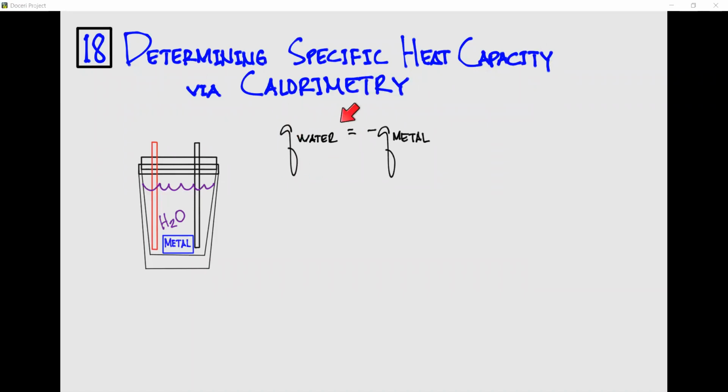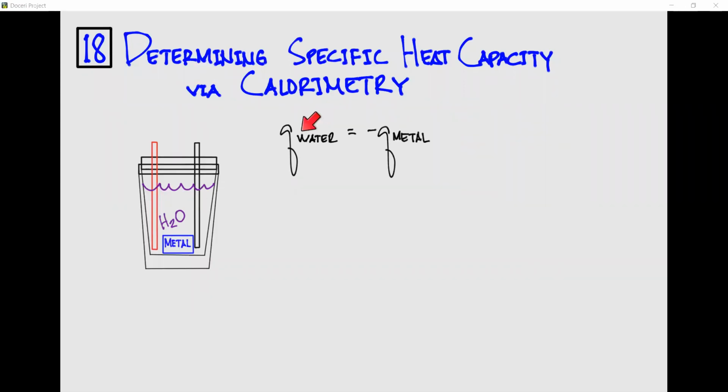So you can always set up your equation like this, where the heat absorbed by the water is equal to the heat released by the metal. So the negative sign tells you heat is being released. All right, so we know what Q is equal to. It's mass times specific heat capacity times the change in temperature.